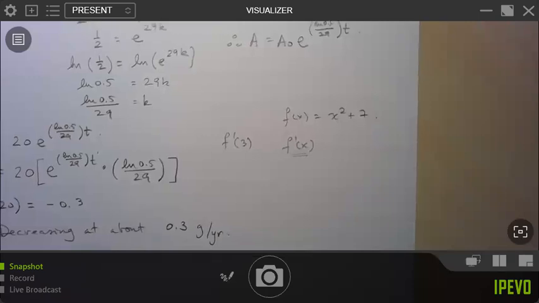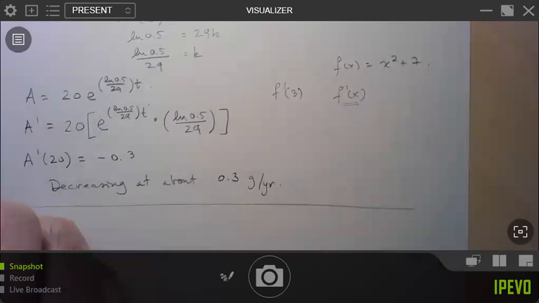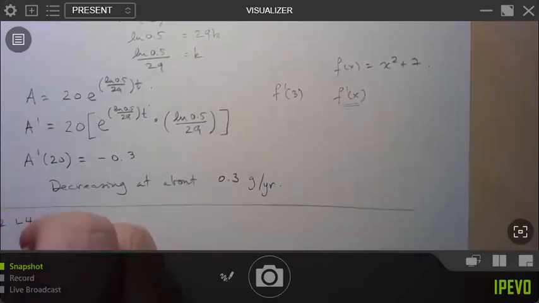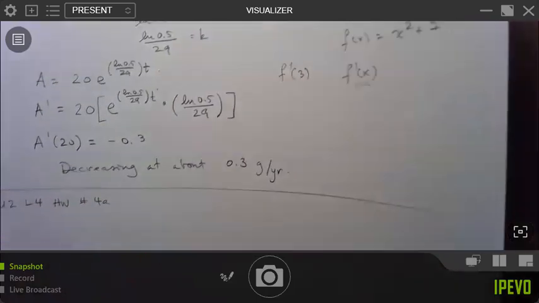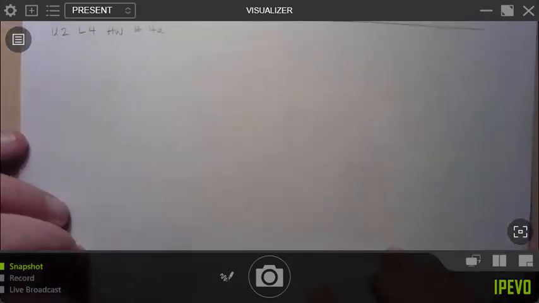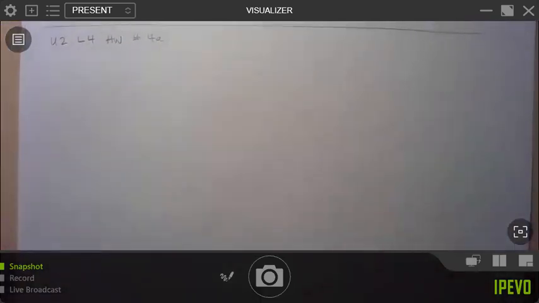All right, so this is unit 2, lesson 4 homework, number 4A. Okay, and this probably wouldn't be given to you with an absolute value in it, just because we didn't spend as much time as I normally would have on those types of questions, but I think we can figure it out here.